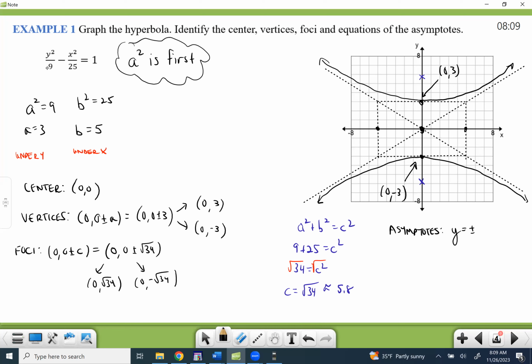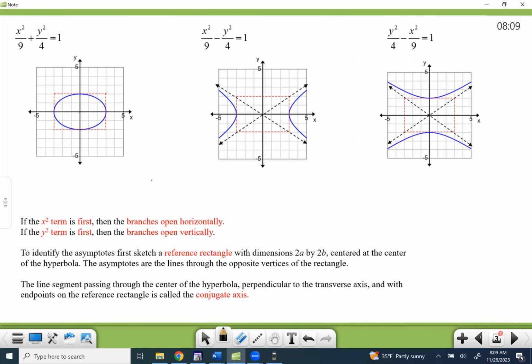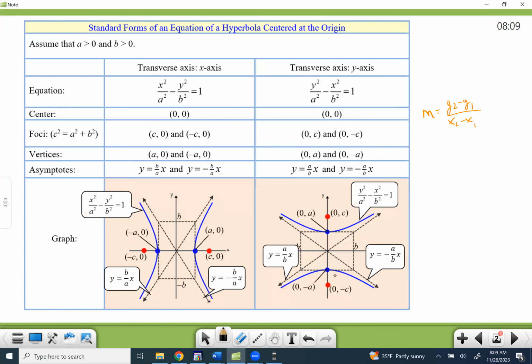So the formula is going to be, in this case, a over b x. You can just go and look it up. Let me show you how to do that really fast. So since we open up and down, we're looking at this type of a hyperbola, okay? And you can see right here are your formulas for your asymptotes, okay?